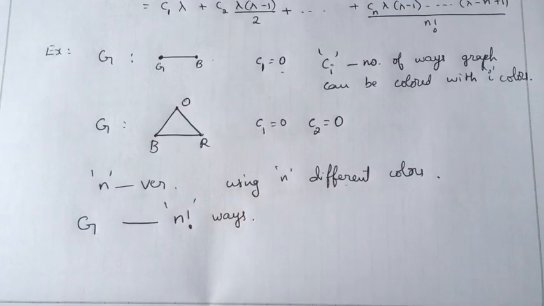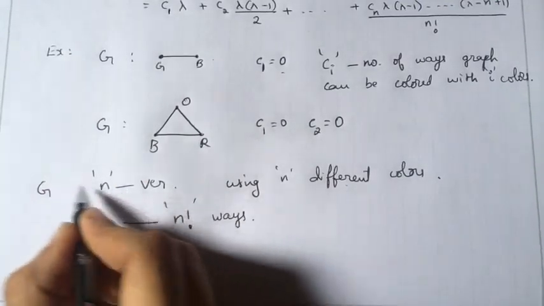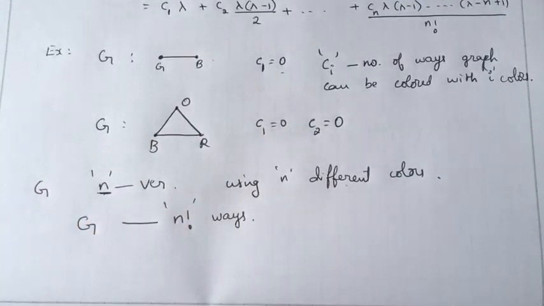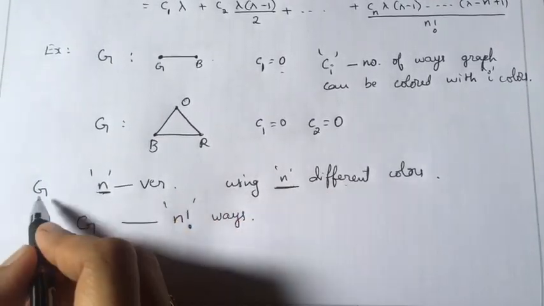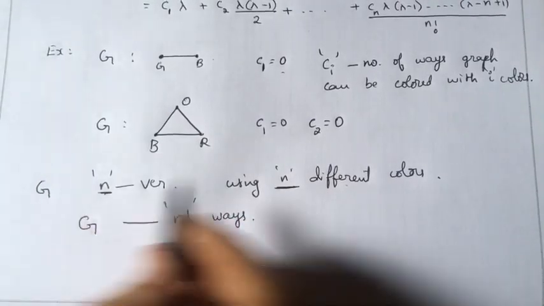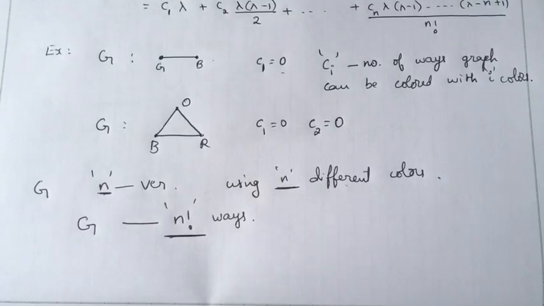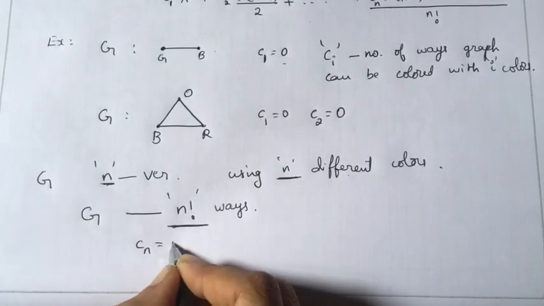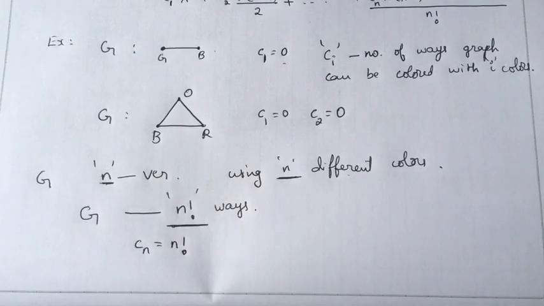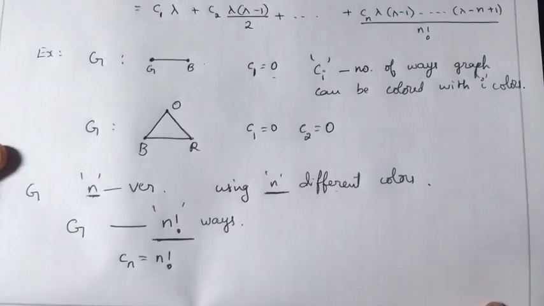If I have a graph G with n vertices, by using n different colors, I can properly color this graph in n factorial ways. Therefore, I can write Cn is equal to n factorial. You can check this here.